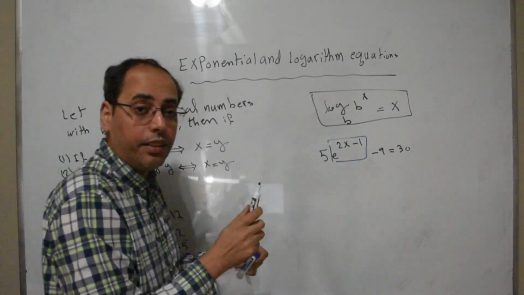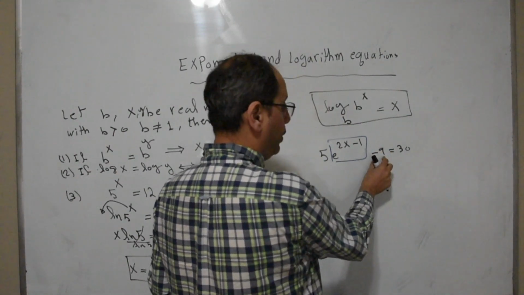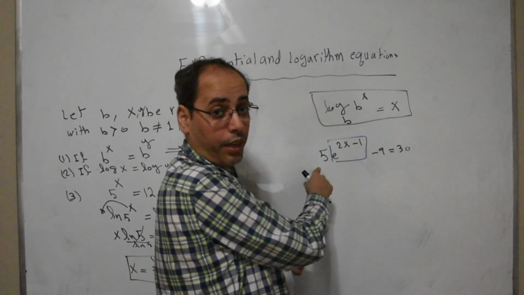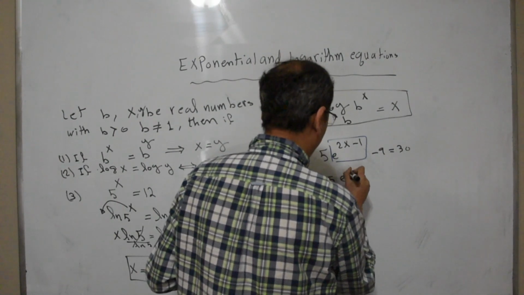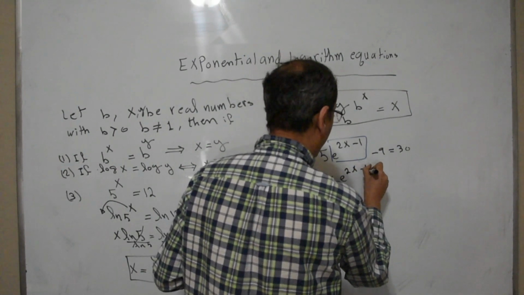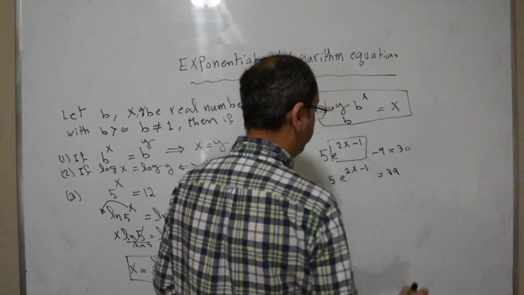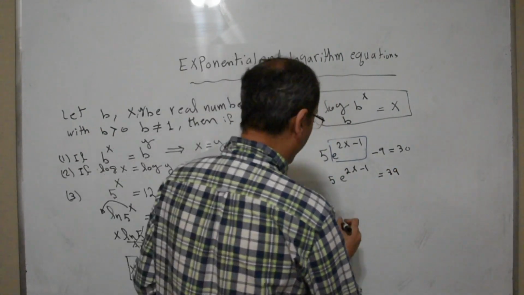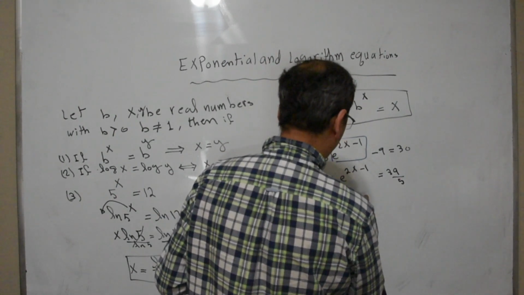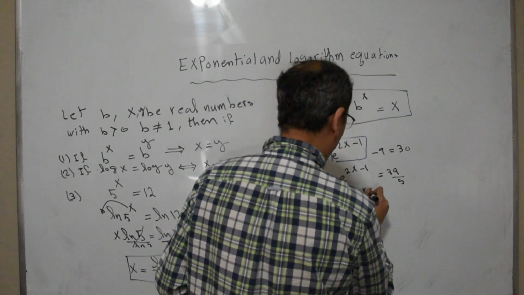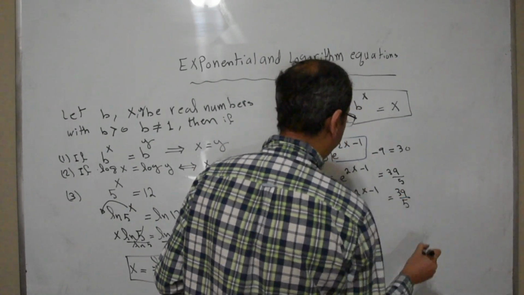In order to do that, I'll do 2 steps. Number 1, I'll add 9 to get rid of the negative 9, and then divide by 5. So let's do the first step: 5 e to the 2x minus 1 equals, add 9 to both sides, so I have 39. And then I divide by 5. So I have e to the 2x minus 1 equals 39 over 5.